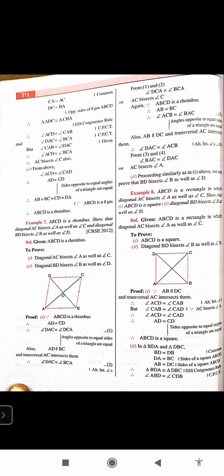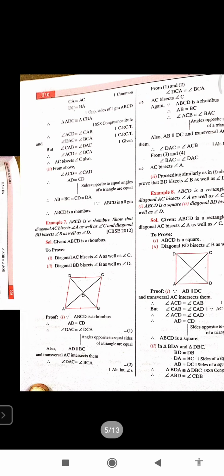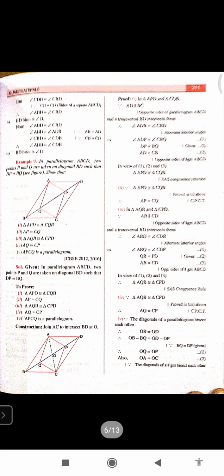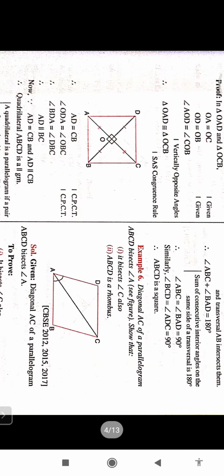Today we will continue exercise 8.1, questions 6 and 7. First, see the figure.